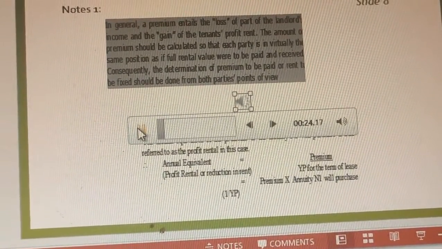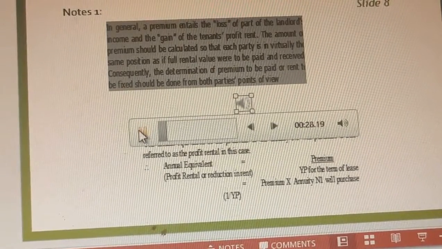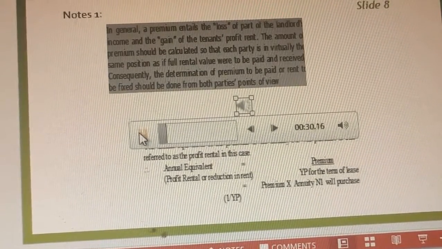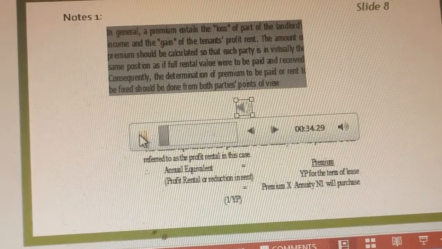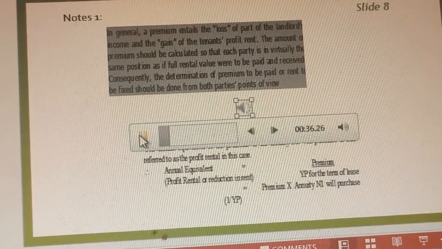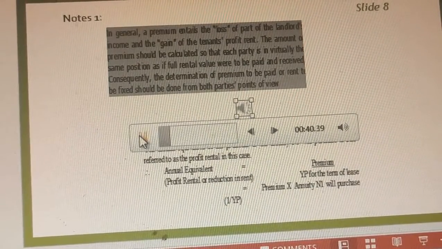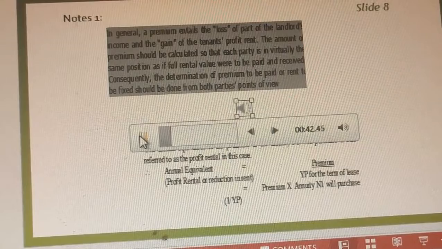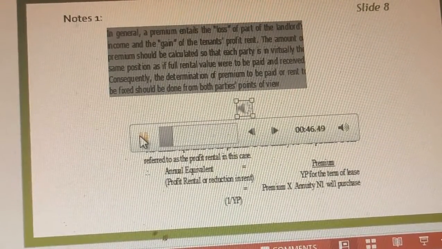I said before that the tenant may feel a sense of loss because he's paying a capital sum. The landlord also may feel a sense of loss because he's going to be getting a reduced rent. And a tenant may consider the reduced rent a gain to him.